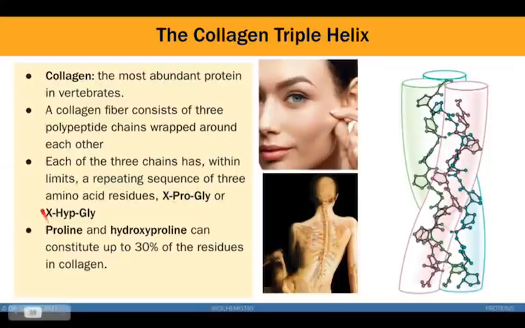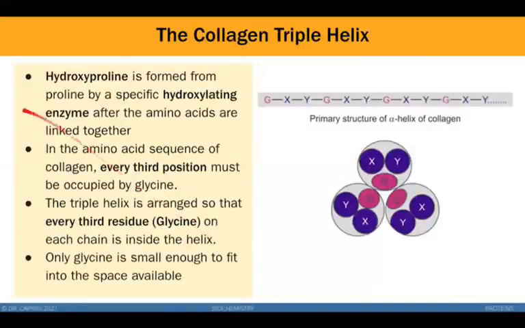Okay, X stands for any other amino acid. HYP stands for hydroxyproline, and glycine. So as you can see, glycine plays a major role in collagen. Now, proline and hydroxyproline can constitute up to 30% of the residues in collagen. Hydroxyproline is formed from proline by a specific hydroxylating enzyme after the amino acids are linked together.